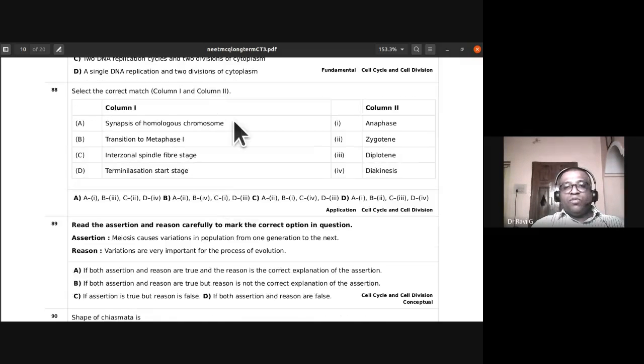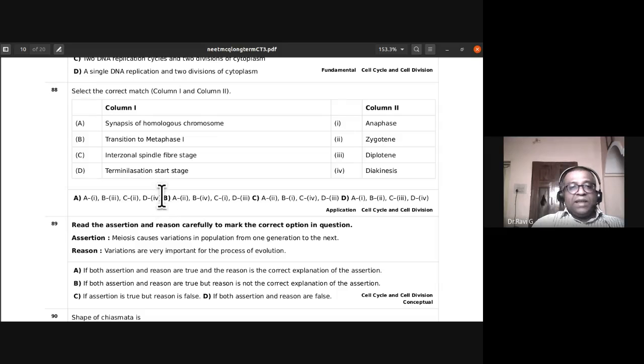Synapsis of homologous chromosomes, which is that stage, zygotene. Transition to metaphase 1, after diakinesis. So it would be 2, 4, which comes first? Yes. C, interzonal spindle fiber stage, happens in anaphase. Terminalization start stage, diplotene, D3.